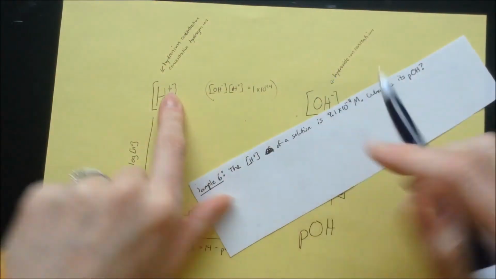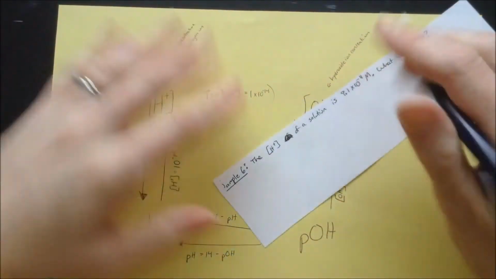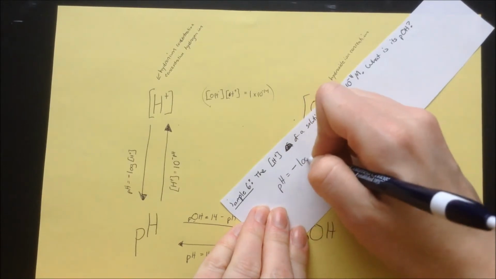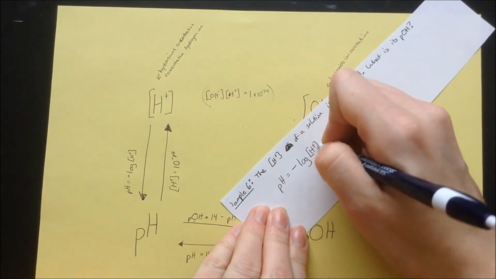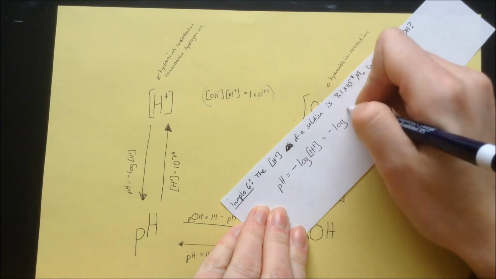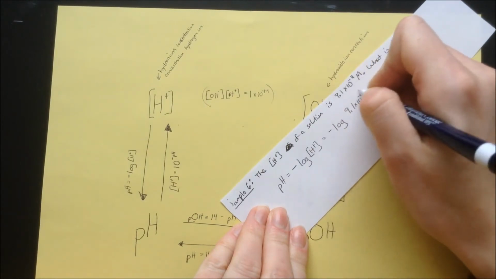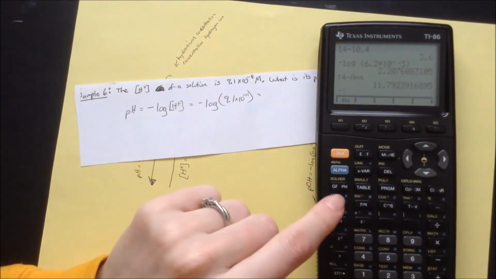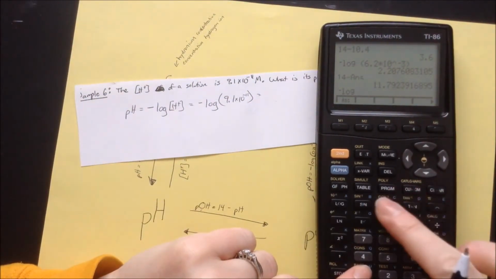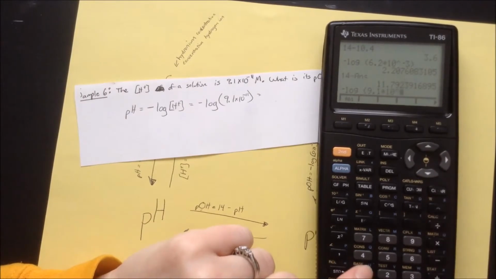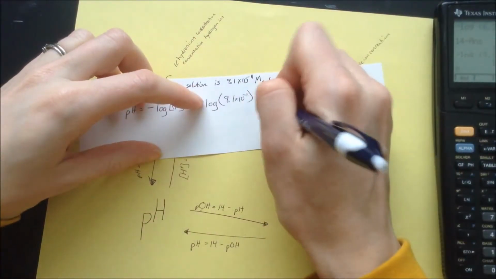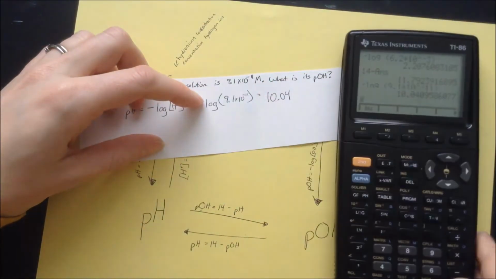Okay. So let's do one going the other way. This one has the H concentration, and now we want the pOH. It's identical, right? So we're going to find our pH by doing negative log of that H concentration. So I'm going to do negative log of 9.1 times 10 to the minus 11. And when I plug that into my calculator, I get 10.04 and some other numbers.